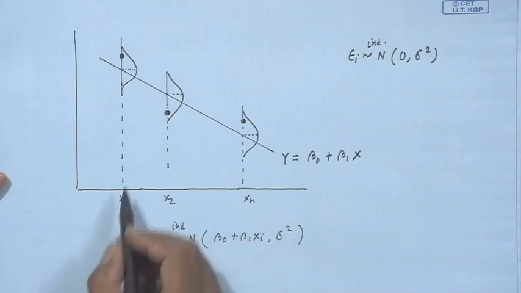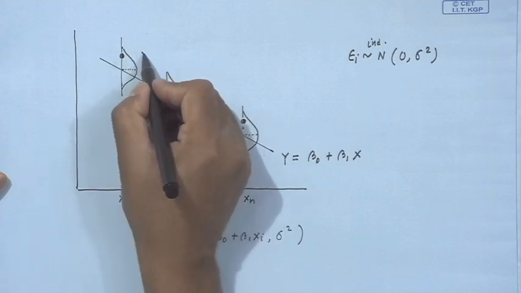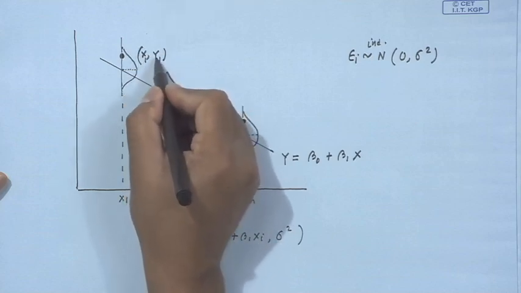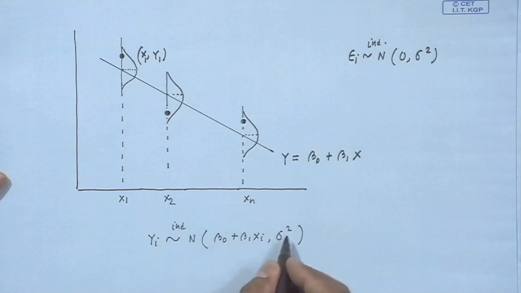So, this is the data x 1, y 1. y 1 is from a normal distribution with mean beta naught plus beta 1 x 1 and variance sigma square.